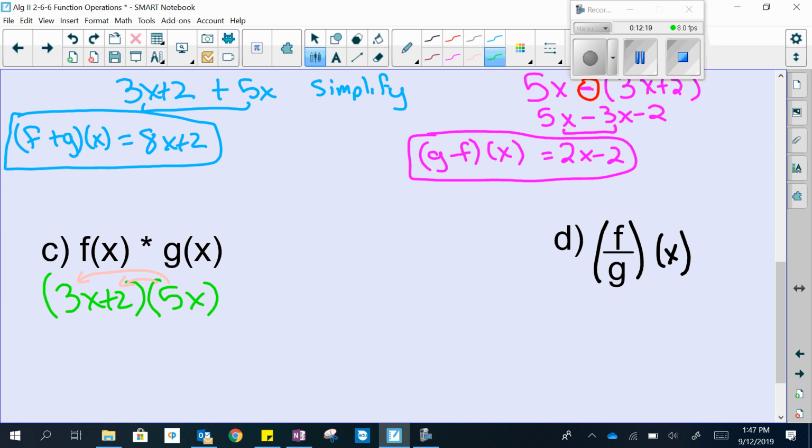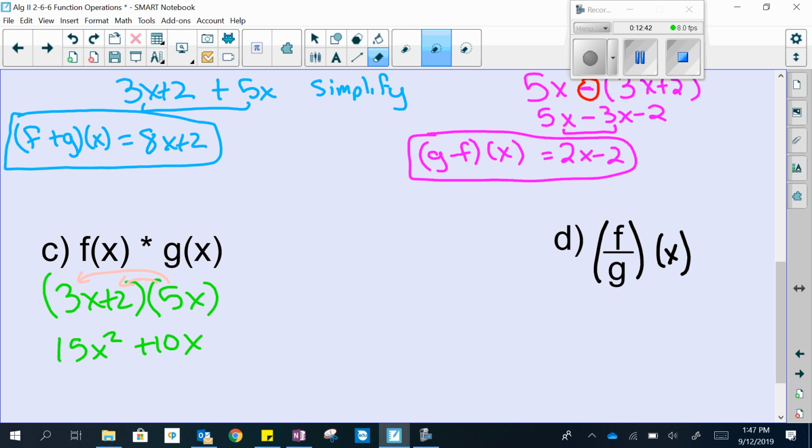So 3x times 5x is what? Not just x. x times x is x squared. 3x times 5x is 15x squared. 2 times 5x is 10x.